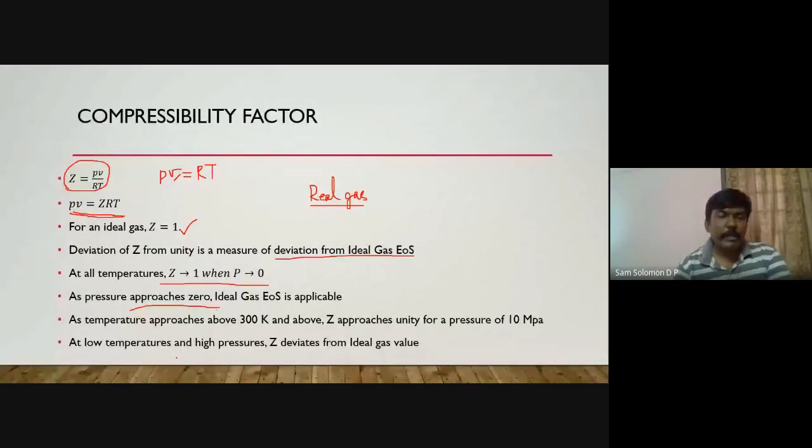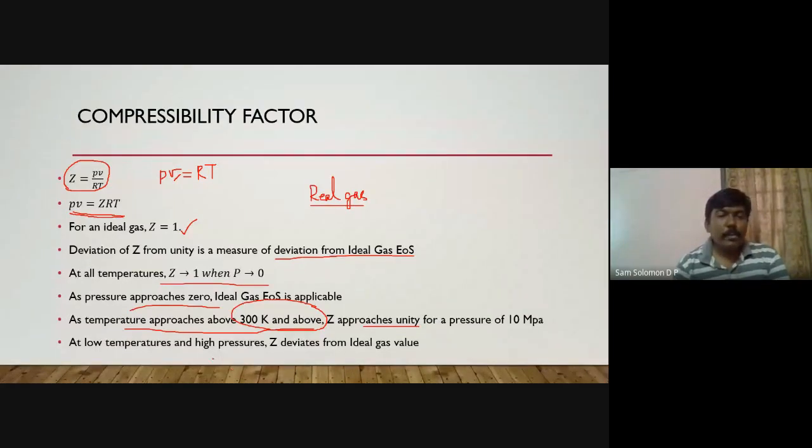And look at the second point. As temperature approaches 300 Kelvin and above, if the temperature is more than 300 Kelvin, Z once again approaches unity. That is for high temperature. So for low pressure and high temperatures, your gas behaves as an ideal gas.